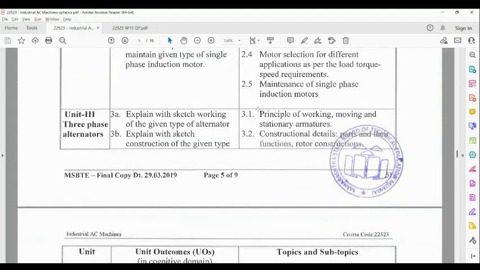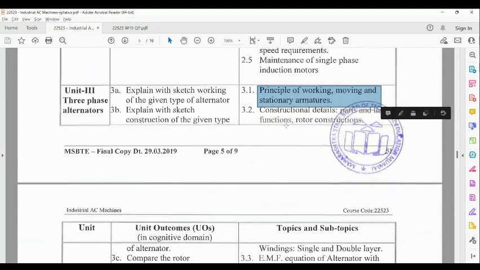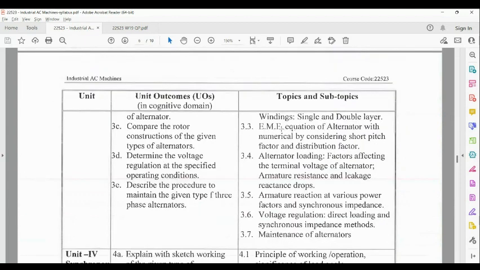Okay, then three-phase alternator. So principle of working of alternator, moving and stationary armature, what are the advantages of having a stationary armature, then constructional details, then derivation of EMF equation, again numerical on that equation.